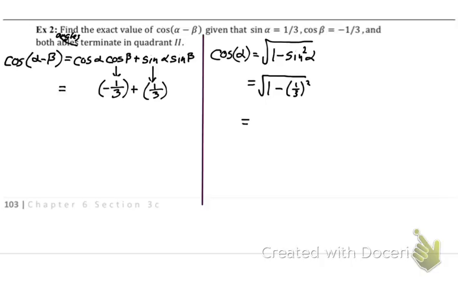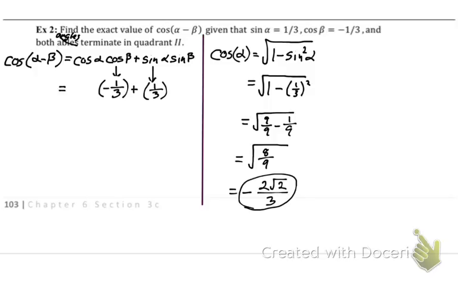That 3 squared in the denominator is going to be 9, so I'm going to change that 1 to 9/9 minus 1/9, which is going to equal the square root of 8/9. But just like we had above, that's going to be 2 square root of 2 over 3. We are in quadrant 2. All students, sine is positive, cosine is negative. So that right there is my cosine alpha, and I'm going to go ahead and plug that in right there.